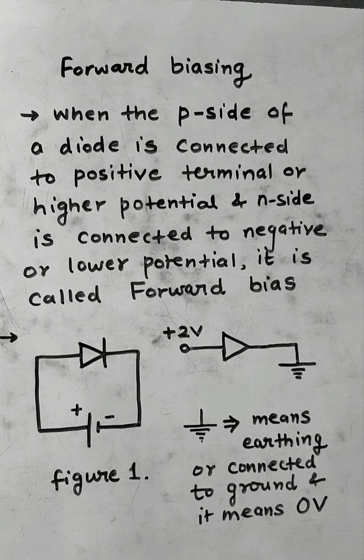So when you are connecting the P side to higher potential and the N side to lower potential, it represents forward bias configuration. And in the next pictures I will be giving you some more examples of forward biasing.